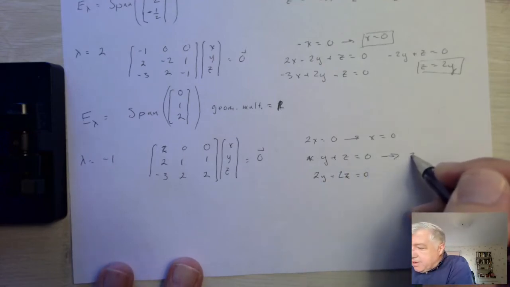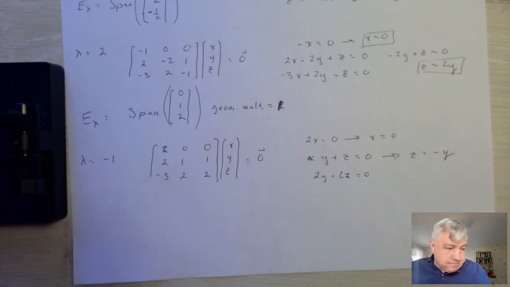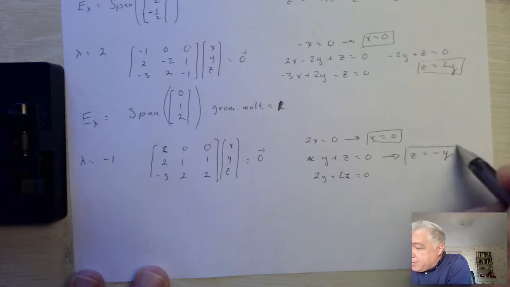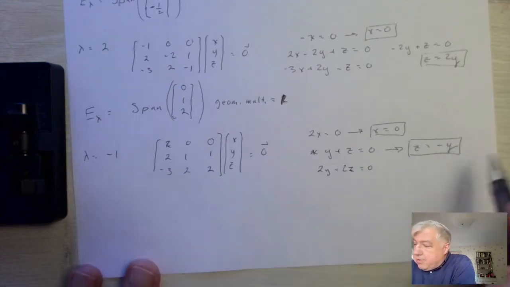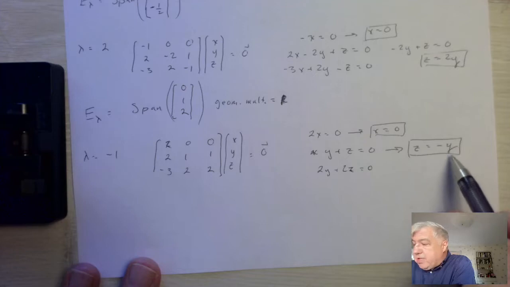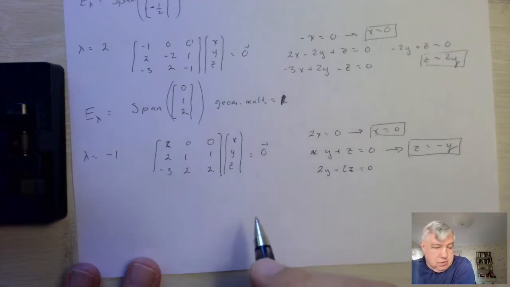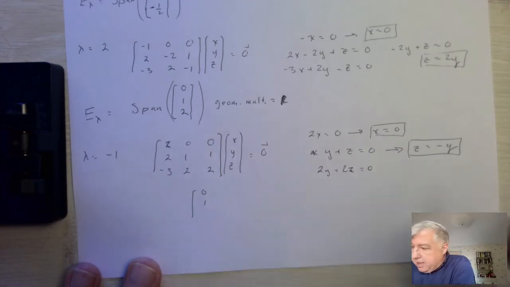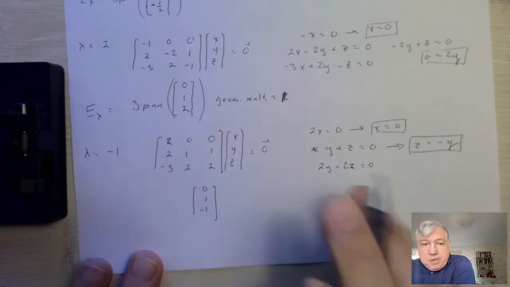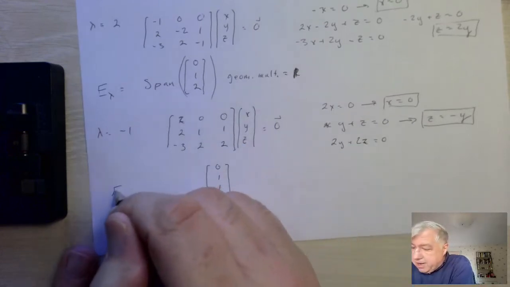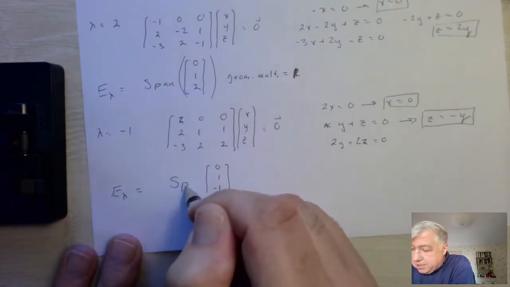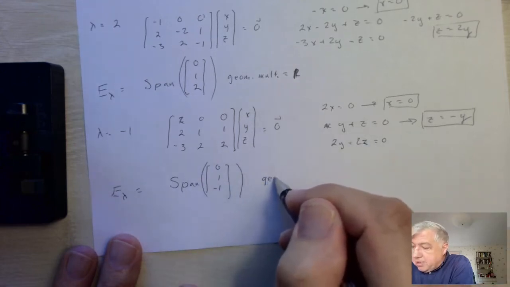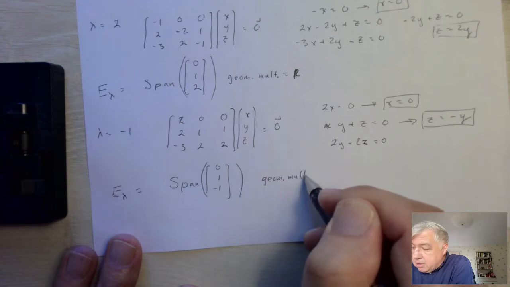It just says z equals minus y. So x equals 0, and z equals minus y. Letting y equal 1, we get 0, 1, and negative 1 as our eigenvector, and the eigenspace will be the span of this. Once again, the geometric multiplicity is 2.